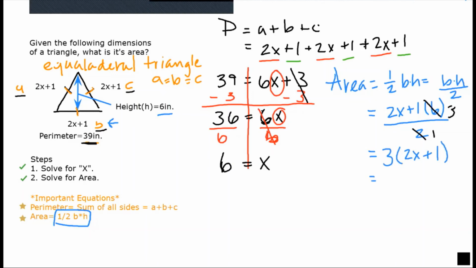Now, we're not really foiling right now, we're just multiplying, using the distributive property to multiply this 3 to our equation inside the brackets. So 3 times 2 is 6. You're going to tack on the x at the end, plus 3 times 1 is 3.